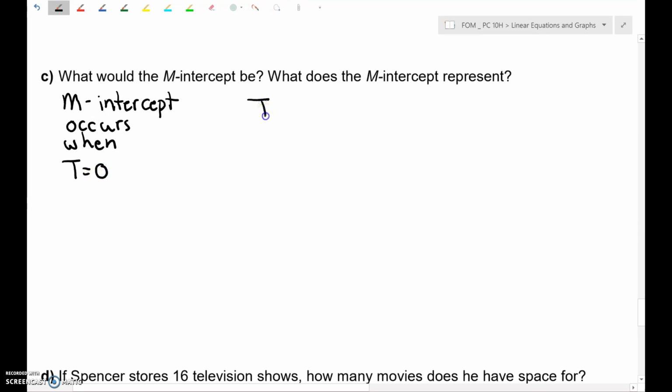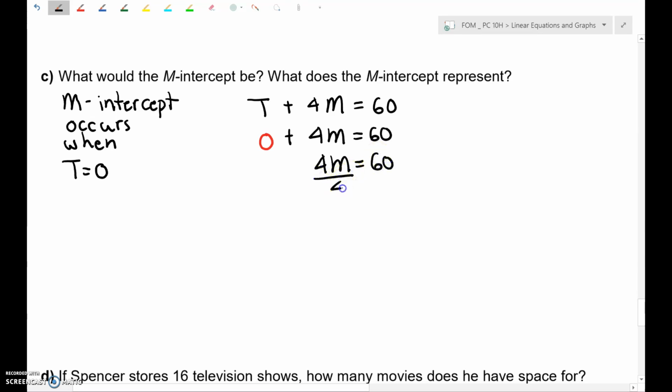Okay, so we'll write out our equation again. T plus 4m equals 60. We want to put in 0 for t. So we get 4m equals 60. Divide both sides by 4, and we get that m is 15. All right, well, what does that mean?